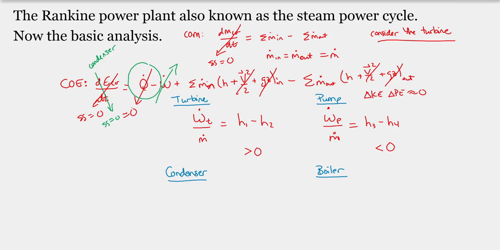So instead of having an adiabatic turbine, what we have is no work or power transfer associated with the condenser, so this is equal to 0. So we'll put no shafts, electrical work, etc. Again, we'll neglect the changes in kinetic and potential energy.